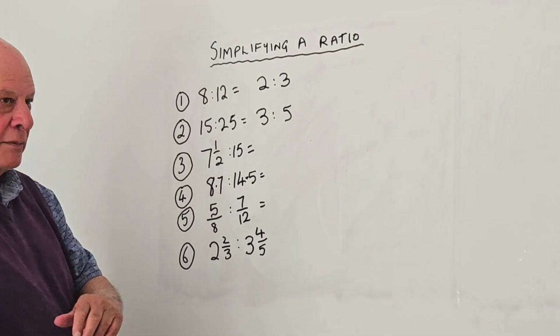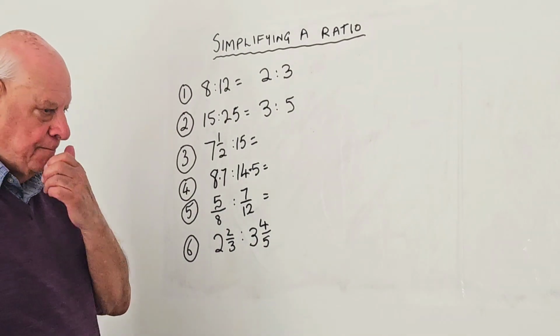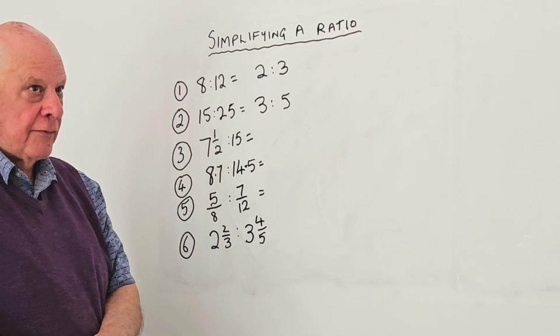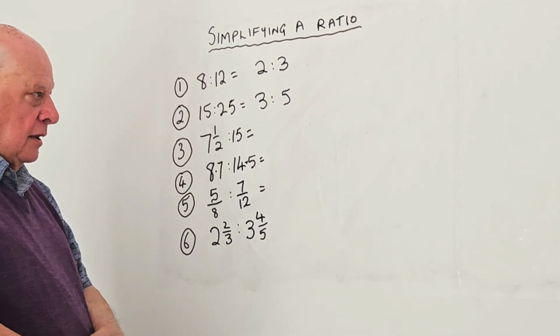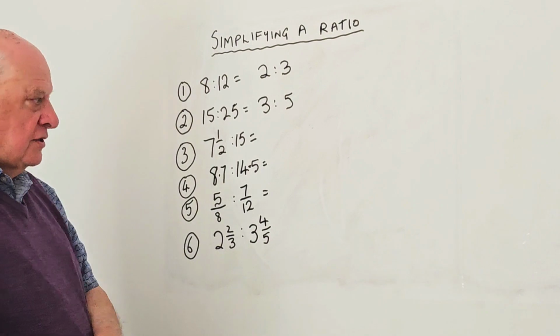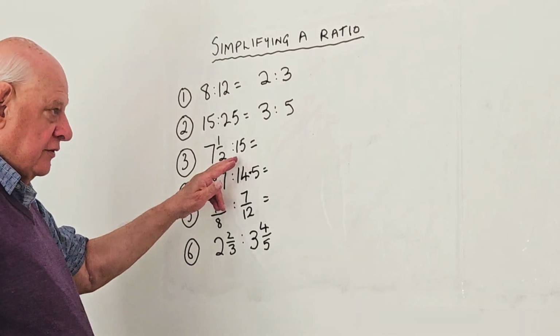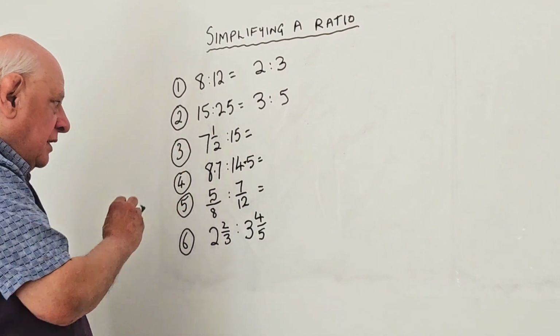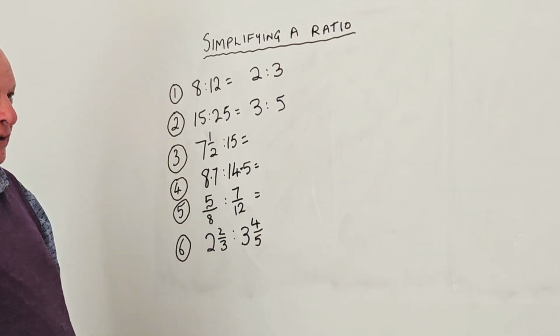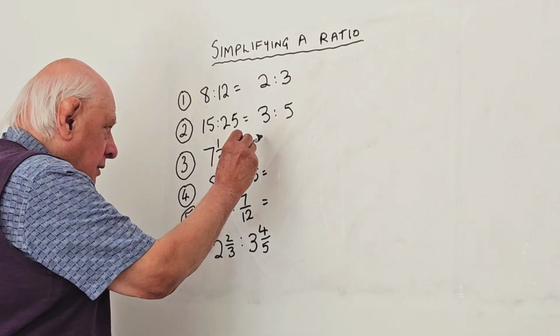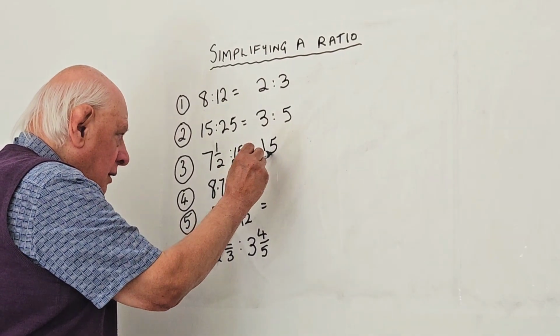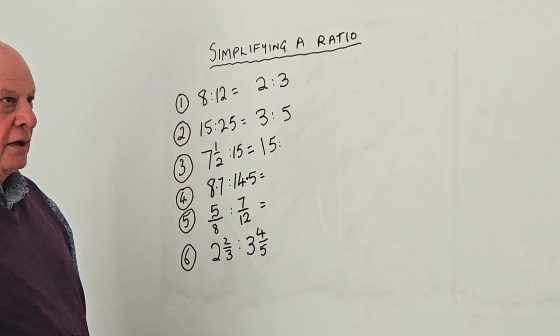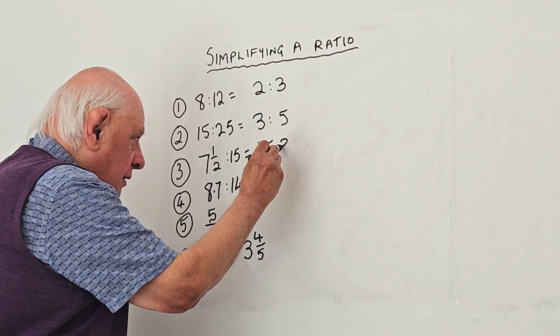This one here is a little bit more awkward because it's got a fraction in it. So we'll blow the fractions away, and one way of doing that is simply to double both of these because of the denominator 2 there. If I double 7.5, it comes to 15, and if I double 15, it comes to 30.